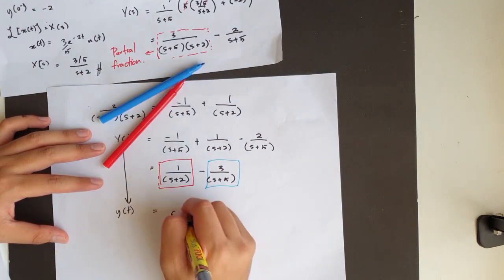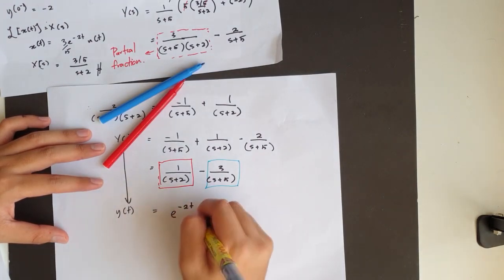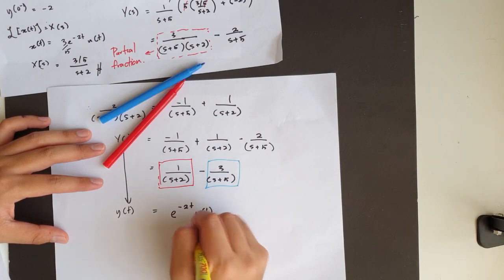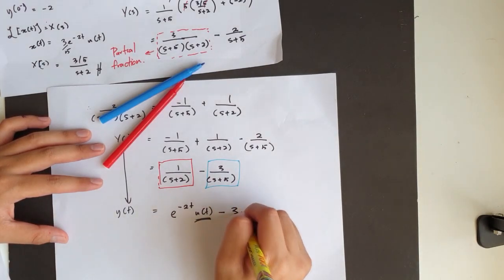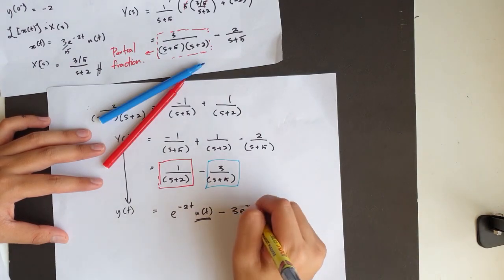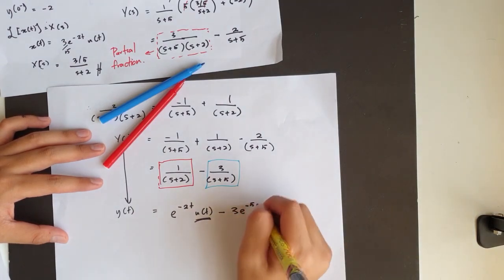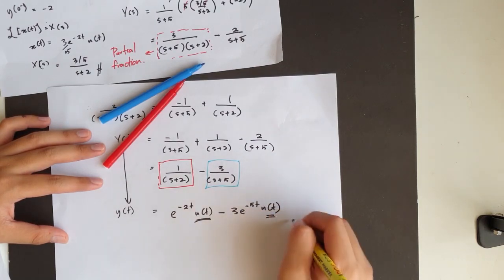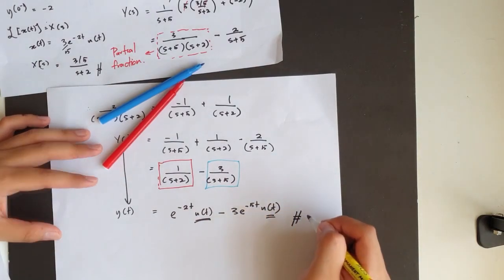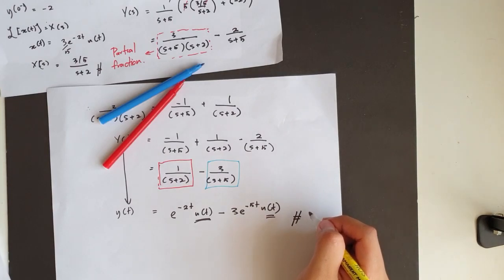So y(t) equal to negative 2t u(t), don't forget the u(t), minus 3 e to the power of negative 5t u(t). Okay, don't forget this one. So this is the final answer.